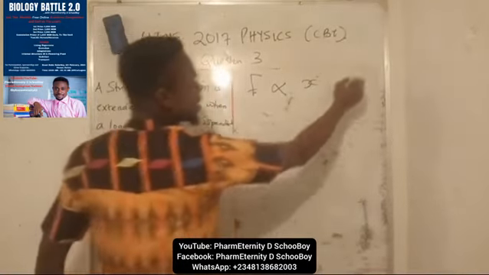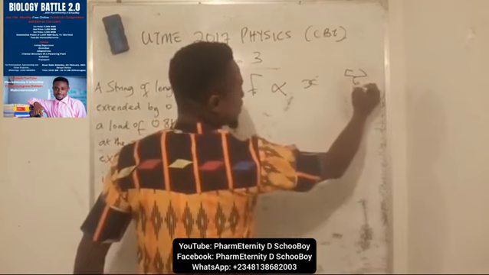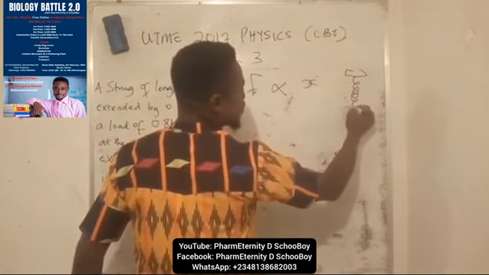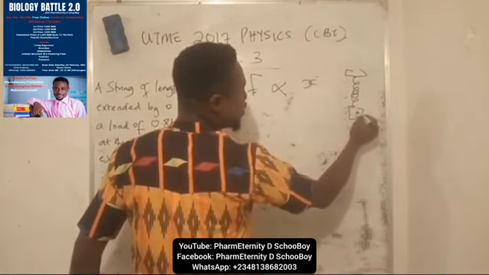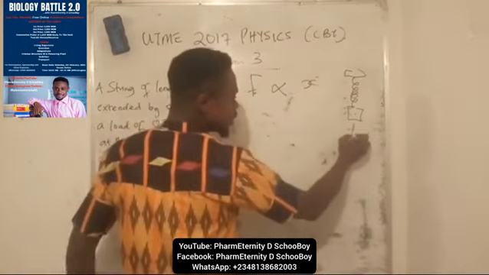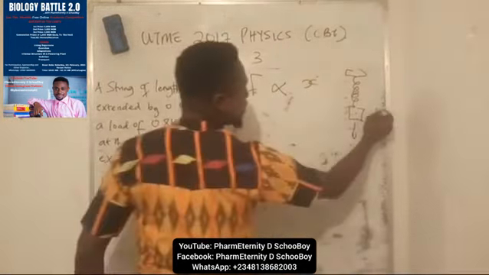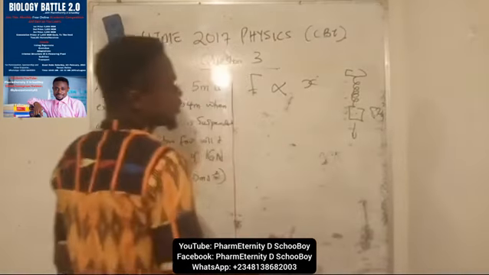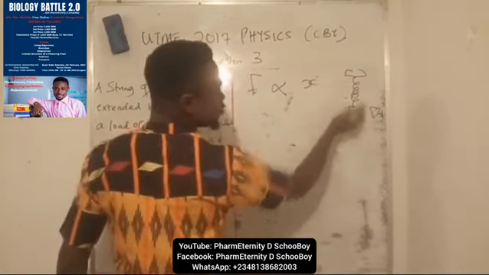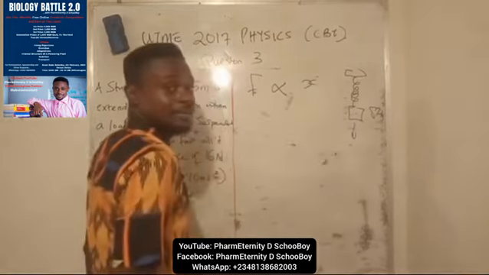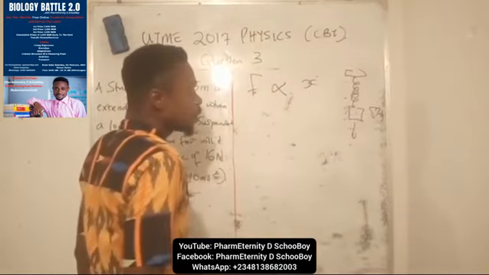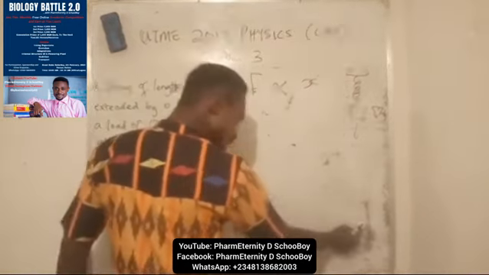So if you have a string and you suspend a load, this load is 8 kg. If you remove this, it will go back to its normal form. But if you add more, it will extend down more.